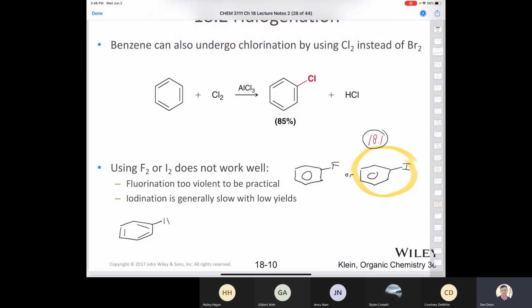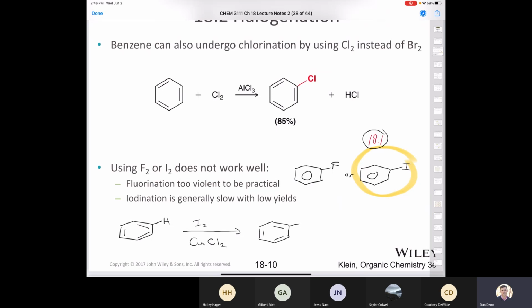You start with benzene. I'm just going to highlight one hydrogen for instructional purposes. You treat it with iodine, but instead of aluminum iodide or iron 3 iodide or anything like that, what you use is copper 2 chloride actually, and you can end up doing an iodination reaction.